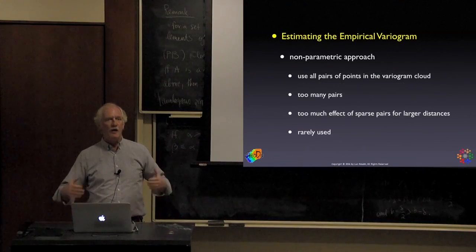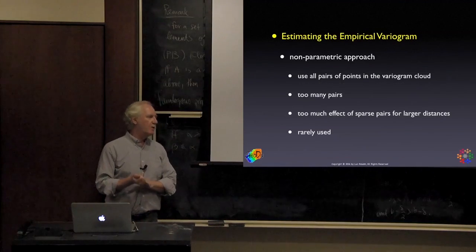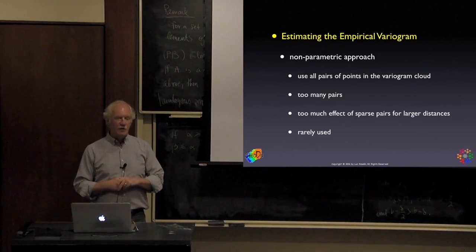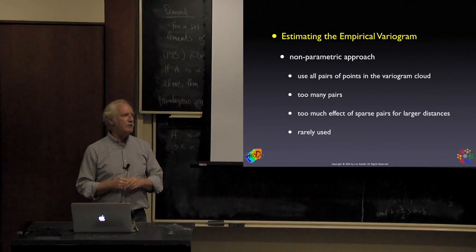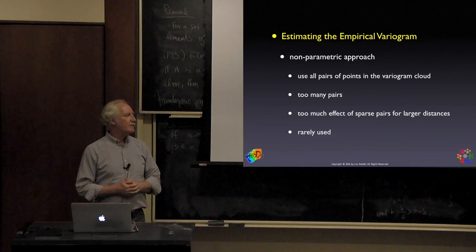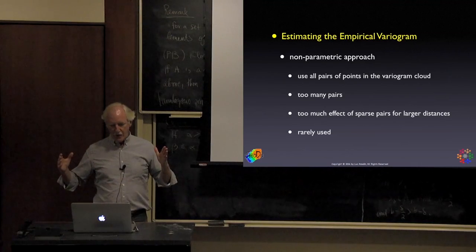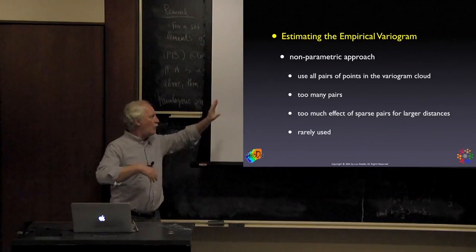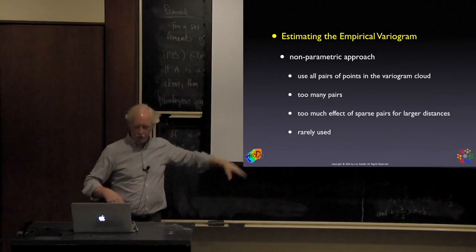We have to estimate what is called the empirical variogram. It is very similar to what we've already done with the non-parametric spatial correlogram. We bin the pairs. We could take the whole cloud plot, but we're not going to do this.